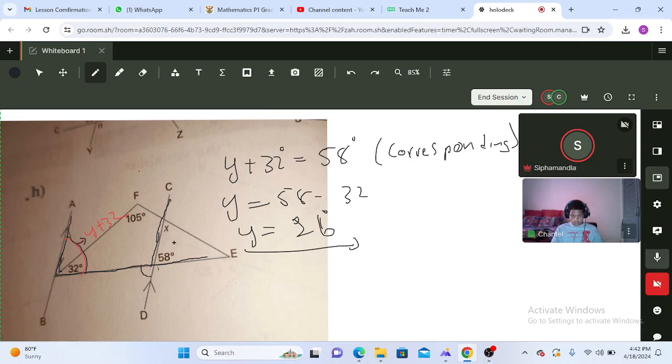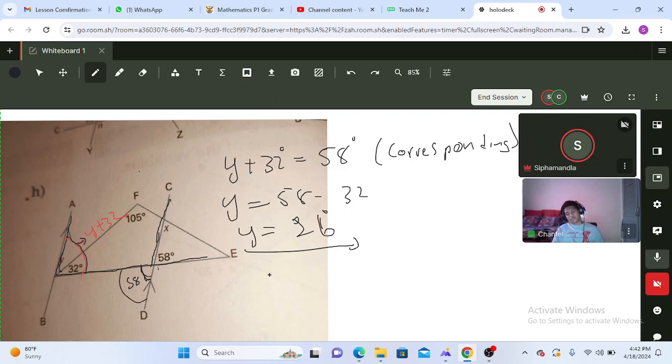But the one that I was suggesting is this. Since we have the vertical opposite angle here, this angle over here is 58 degrees, right? So since this angle is 58 degrees, I can equate that angle equal to that angle.